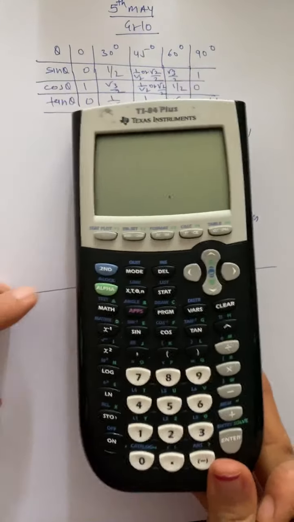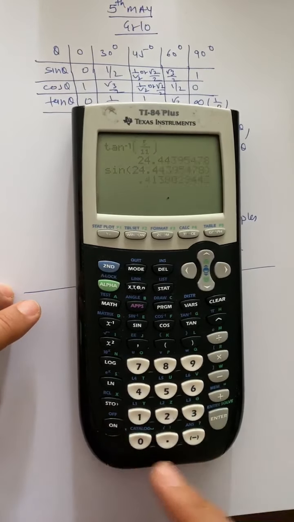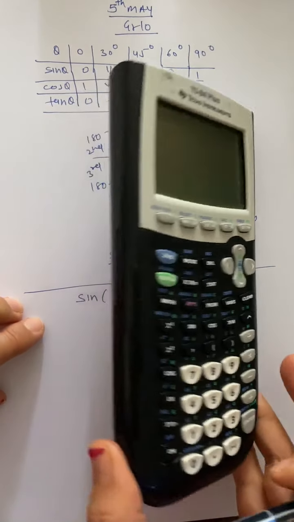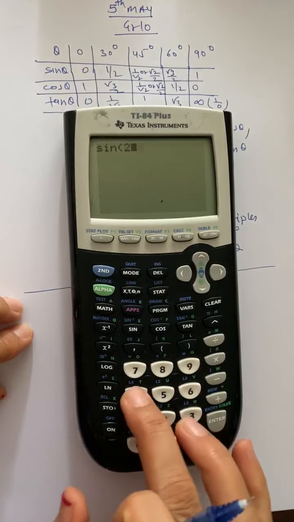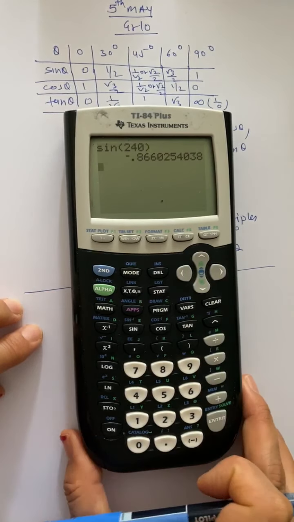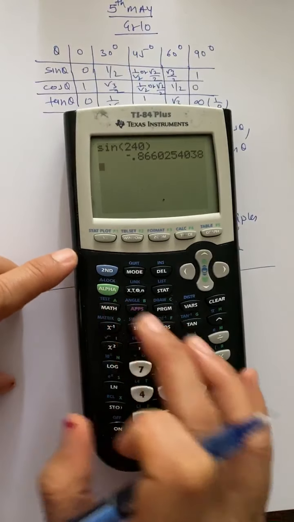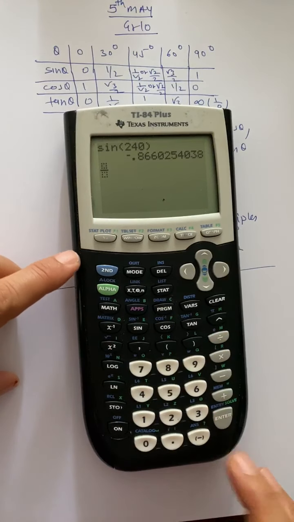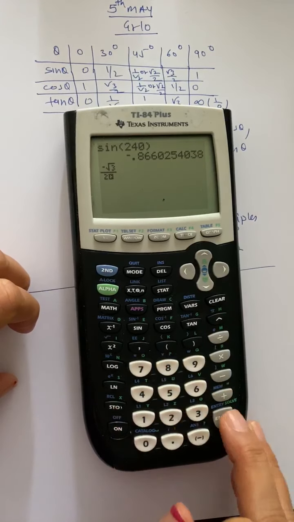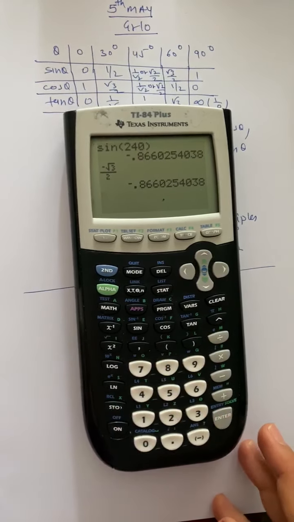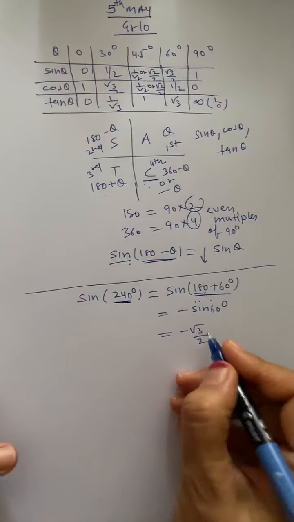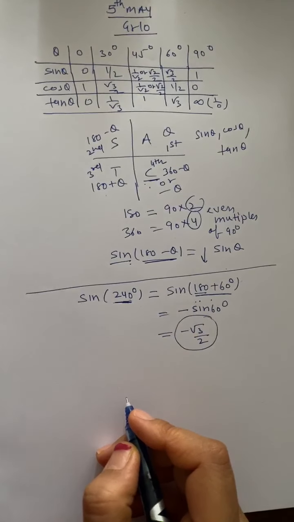I'm going to show you using the calculator also whether I got the right value or not. I'm going to press sine of 240 degrees, and make sure your mode is on degree. Then I got minus 0.866, and I'm going to substitute here negative square root of 3 divided by 2, just to see that we got the same value. So this is all good. Sine 240 is negative square root of 3 over 2.